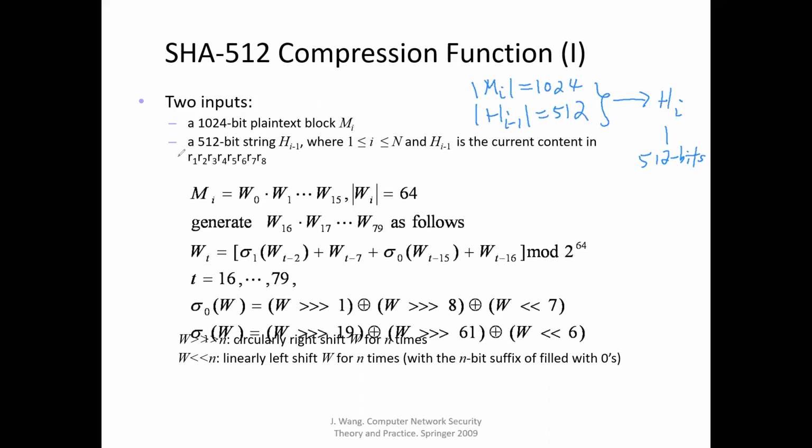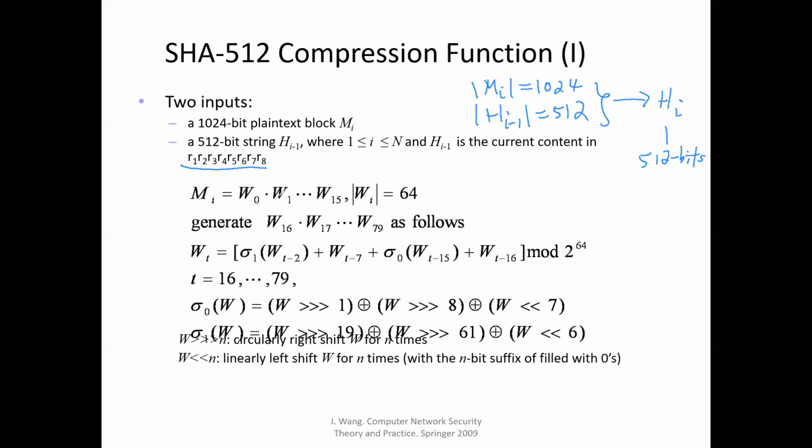So now the current value of these registers forms the value of Hi minus 1. Now we write this block Mi, which is 128 bits long. I'm sorry, 1024 bits long.